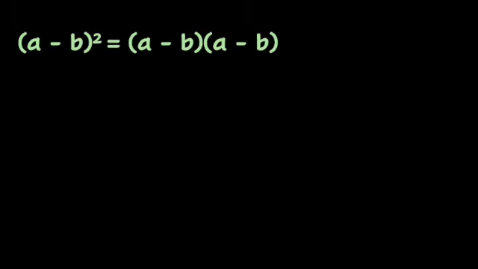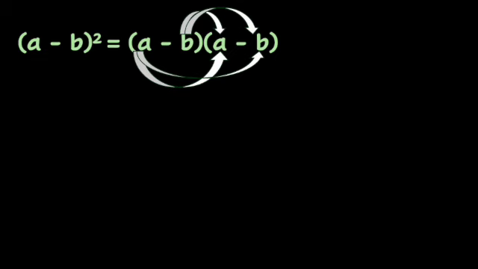Next we have (a minus b) whole square equal to (a minus b) times (a minus b). So how do we do that? We multiply each term of the second bracket by the terms of the first bracket and then add the corresponding products. So it is a times a plus a times minus b plus minus b times a plus minus b times minus b.